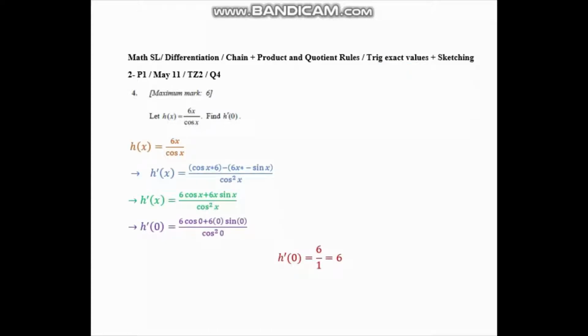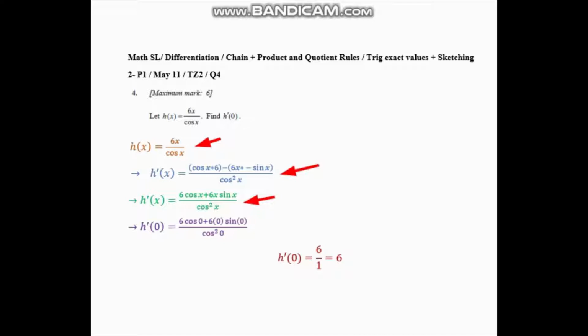So in this problem we are required to differentiate the function 6x over cosine of x. We are obviously going to use the quotient rule, vu dash minus uv dash over v squared. Then we are going to simplify. I simply rewrote the expression in a nicer way. So from blue to green, these are pretty much the same expressions.